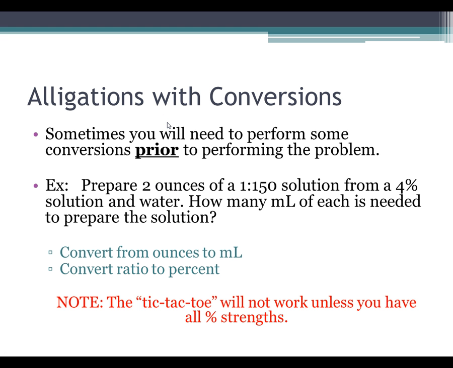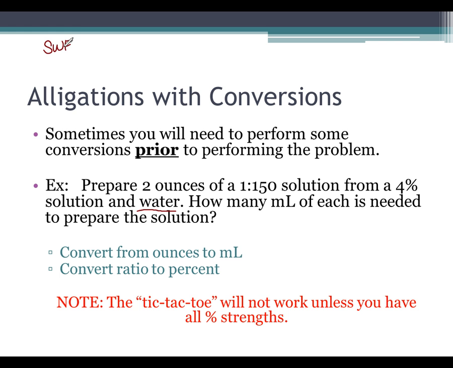So sometimes we'll need to perform some conversions before performing a problem. An example problem would be to prepare 2 ounces of a 1 to 150 solution from a 4% solution and water. Now in the previous video we did not see any examples with water. However, we have to think of water as a base.